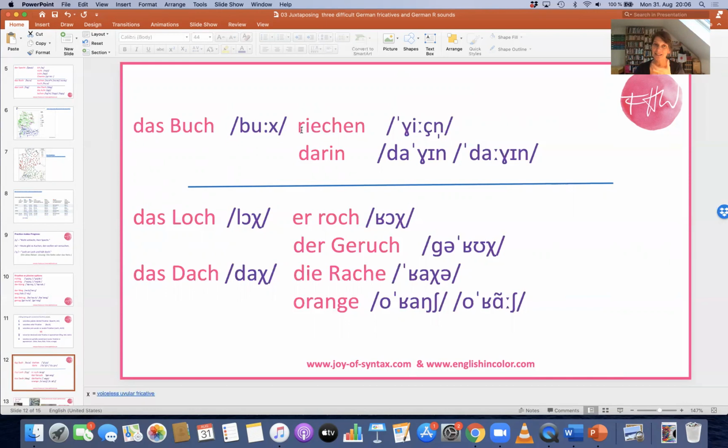And when you sing these words and you place your hand on your larynx, then you will notice that for Buch, you have to stop the voice even though you're singing, for the Buch sound. But for riechen, even though you can devoice it, and then it can sound like the Buch, it can be very similar. You can actually keep it voiced.